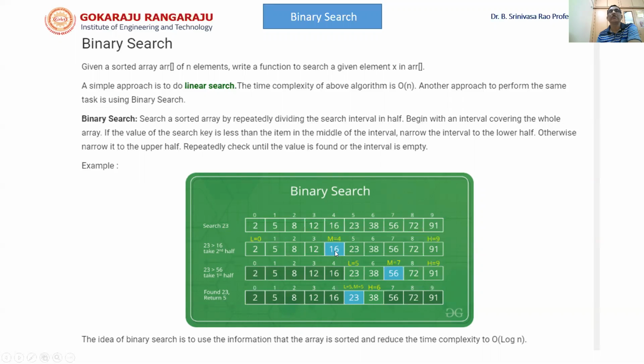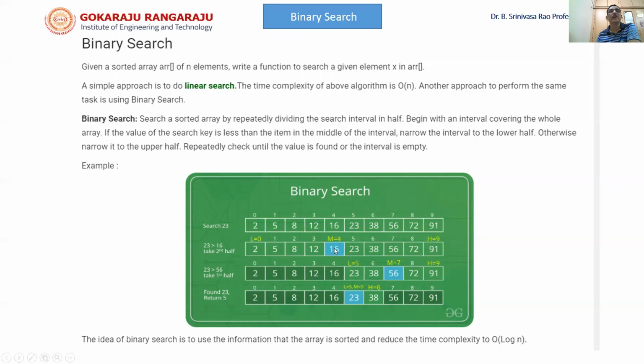By having a sorted list, the advantage is that if the given key element is less than the middle index element value, then definitely it should be only on the left hand side of the middle element, and then we could search only there by leaving the other portion.